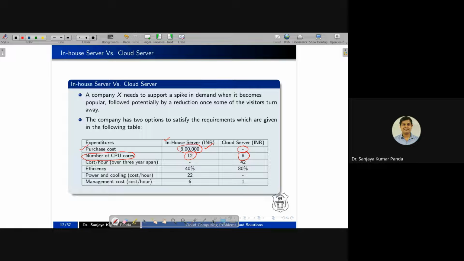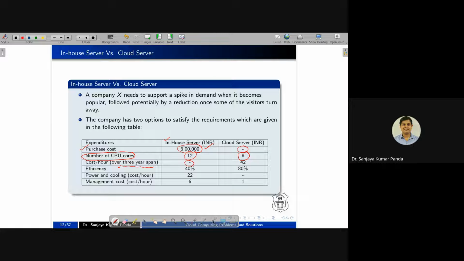Now, cost per hour, and cost of power over a 3-year span. So what is the infrastructure cost over a 3-year span? There is no infrastructure cost, because once you purchase a server, we assume that it has warranty or guarantee. So up to 3 years, there is no issue.